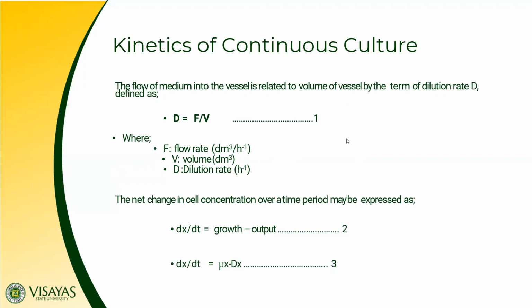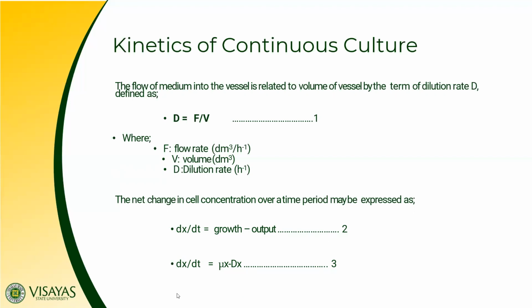Okay, so the net change in cell concentration over a time period may be expressed as growth minus output. The dx, the change in cell concentration x over the change of time dt, is growth minus output. And the output is the removal of the unused nutrients from the fermentation vessel.